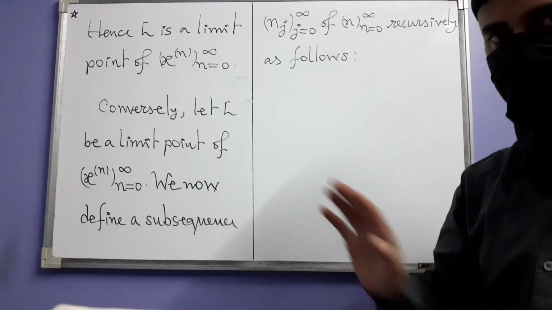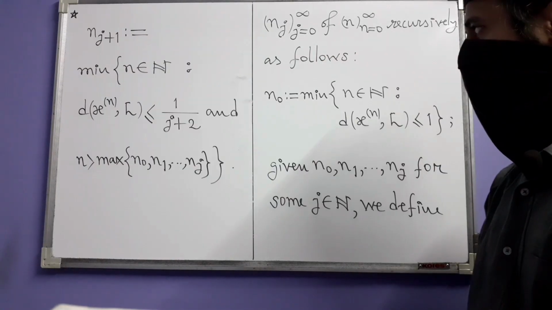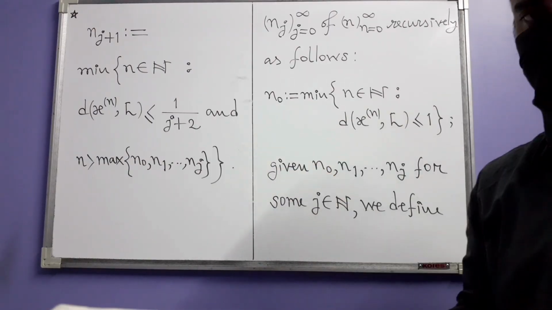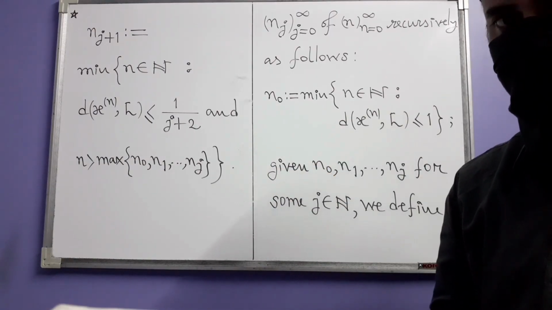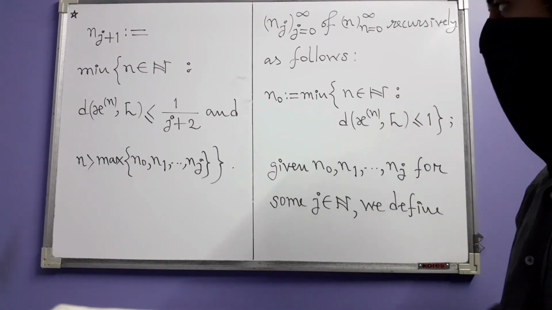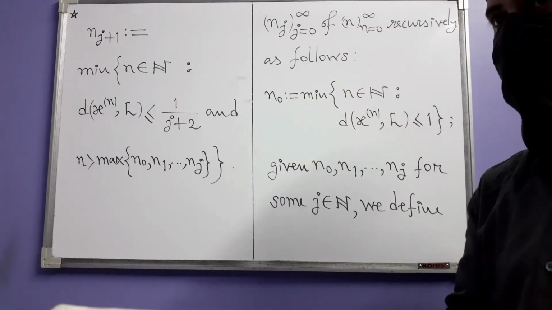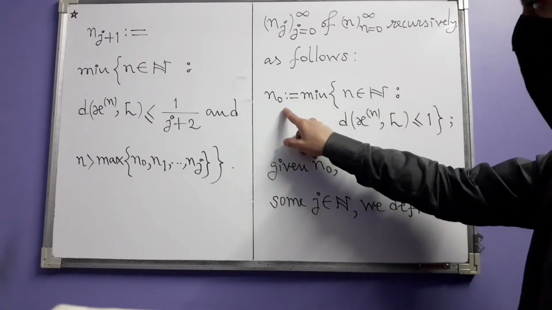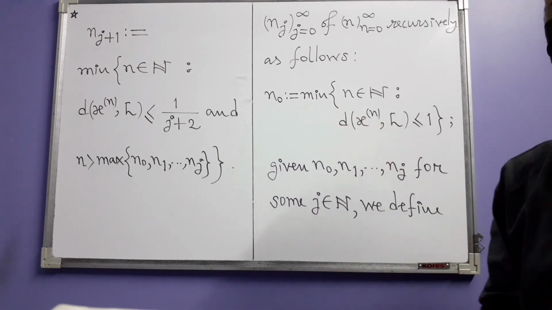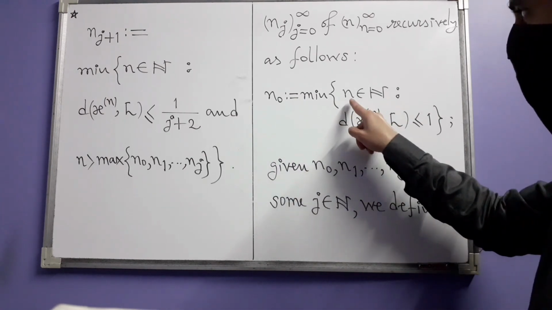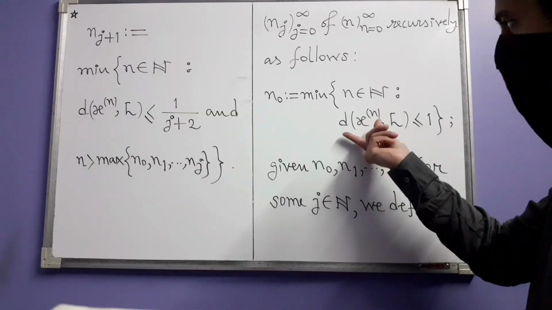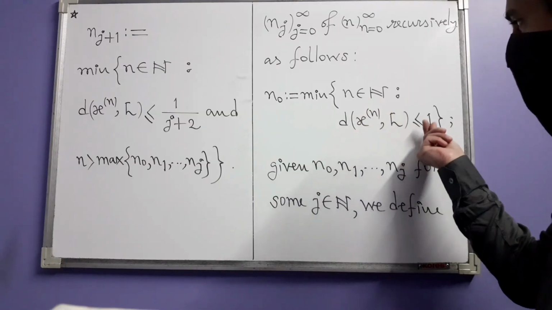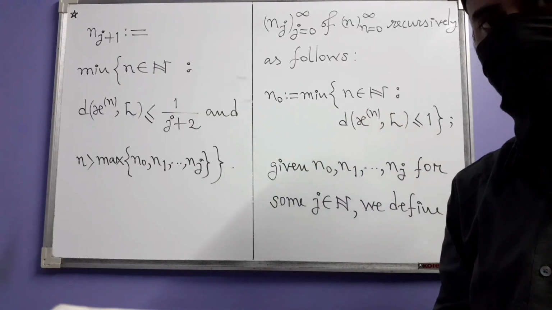Now I will write the definition. We first define n0, of course, because that's how a recursive definition starts. You first define the object which corresponds to 0, and then the actual recursive part comes. n0 by definition is the minimum of this set, namely the set of those natural numbers n such that the distance between xn and L is less than or equal to 1.